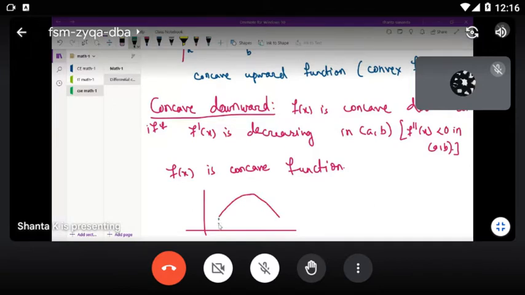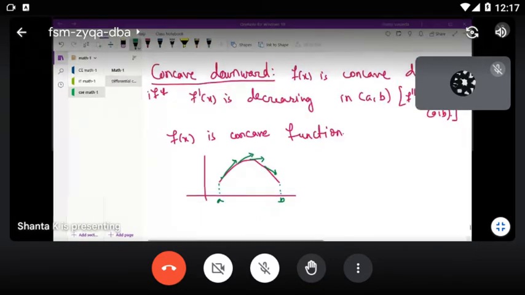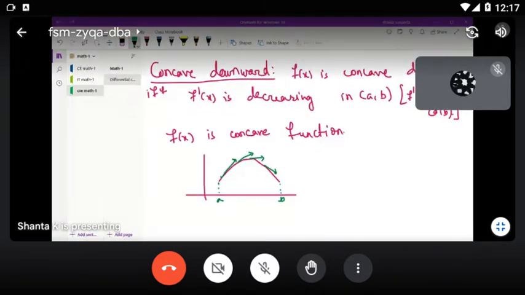Here this is your A, this B, and here you can see your tangent is turning clockwise. So this is concave downward curve, also concave function.